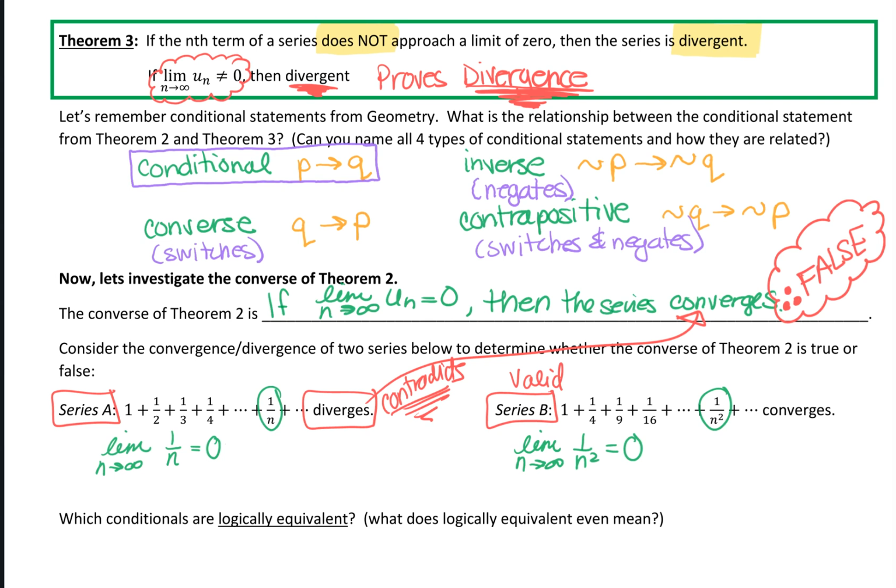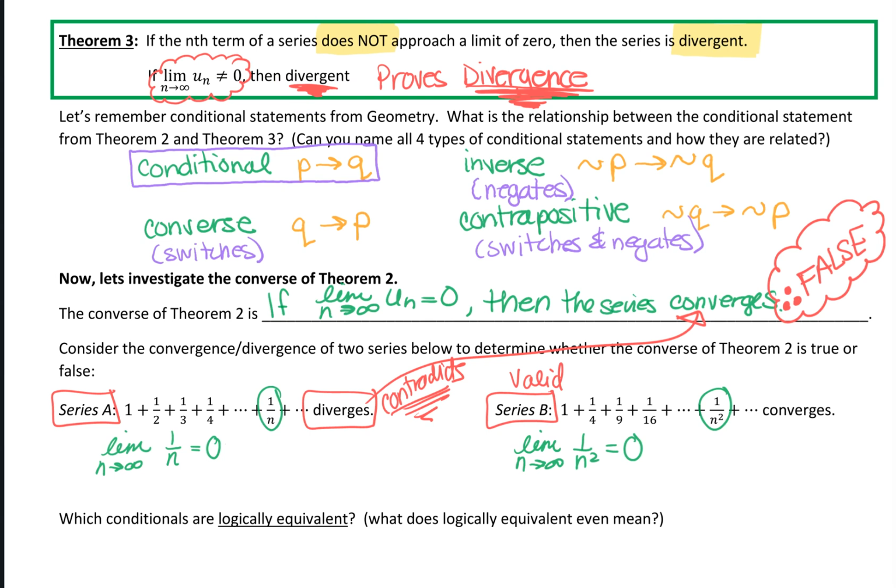No, that's not true. Okay? So do not use that theorem incorrectly. Make sure that this theorem is only being used when the limit does not equal 0 to make the conclusion of divergent. This theorem does not tell you anything about convergent. Okay?